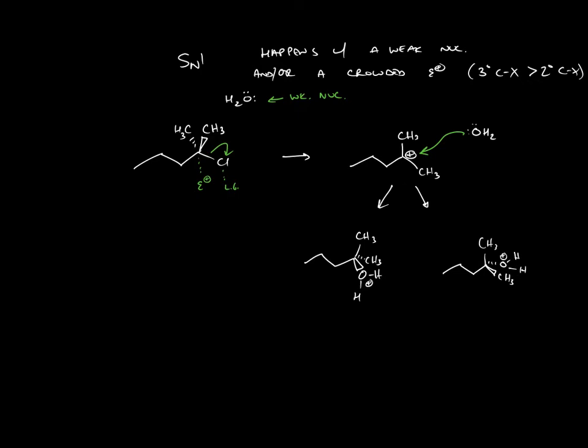So we would get basically 2 different products at that point, because that water could come in from the front or the back. A p orbital has 2 lobes, one, in this case, right here, sticking out at you, and one going backwards. So the water could come in from the front, which would make this guy, or it could come in from the back and make this guy.